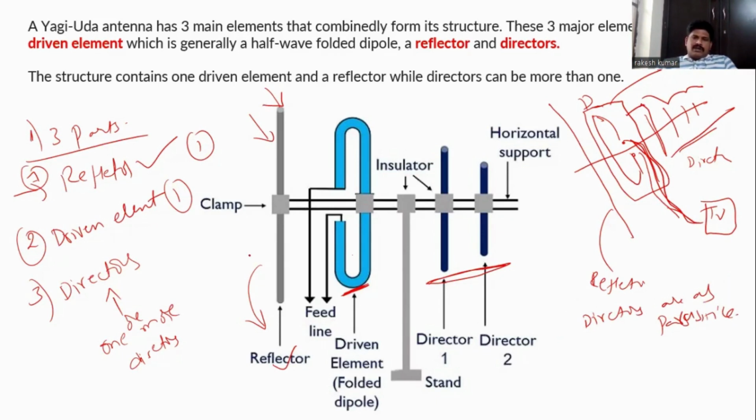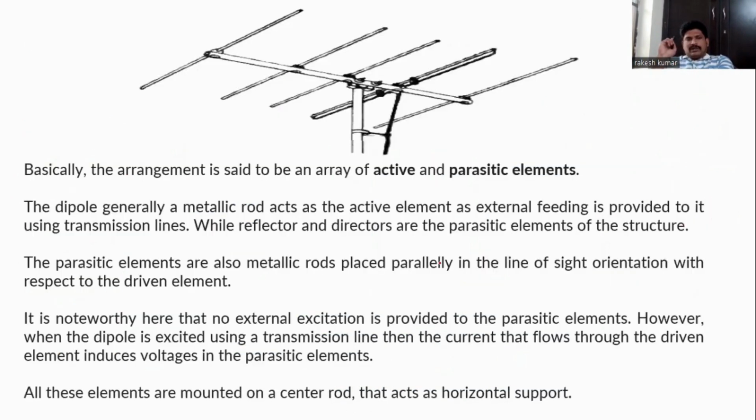So what are the parts of the antenna? Reflector, driven element, and directors. In a Yagi Uda antenna, we have only one reflector, one driven element, but one or more directors. It is an array of active and parasitic elements.